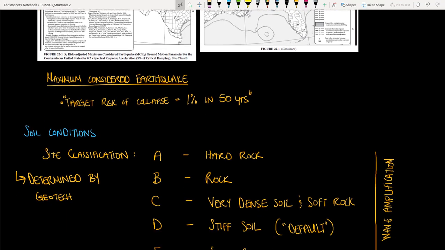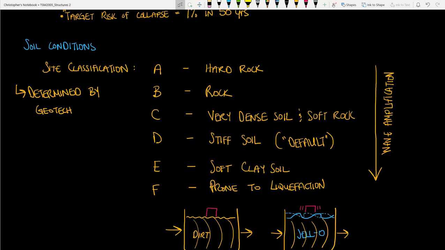Moving along to soil conditions. ASCE 7 defines 5 site classifications based on the soil present at the site, and these site classifications are typically determined by a geotechnical engineer through testing. There are a variety of testing methods that a geotechnical engineer can use to classify a site, each with a different level of accuracy and cost.